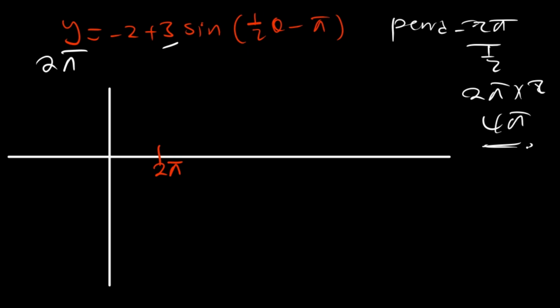So if I add here 2 pi plus 2 pi, that is 4 pi. Again I add 6 pi. I add, what am I going to have? 8 pi. Again I add 10 pi.